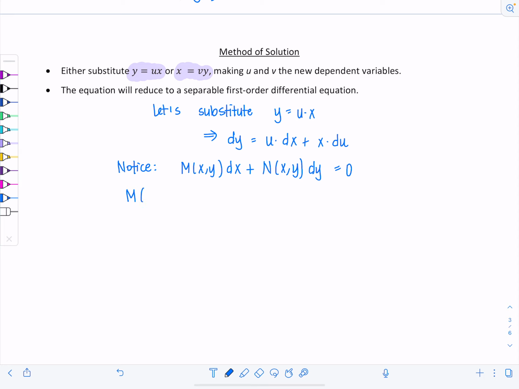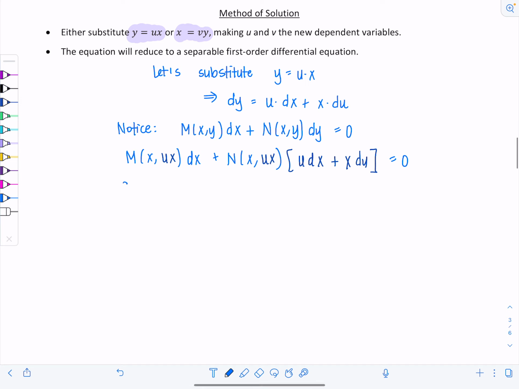So I'm going to have m of x, instead of y, I'm going to have ux dx, that stays the same, plus n of x, again, instead of y, now we have ux, and then instead of dy, I'm going to substitute in now u dx plus x du, and then this all is equal to 0. Okay?